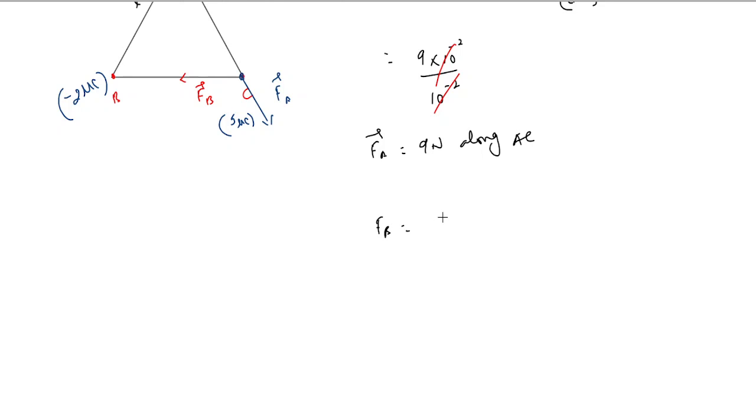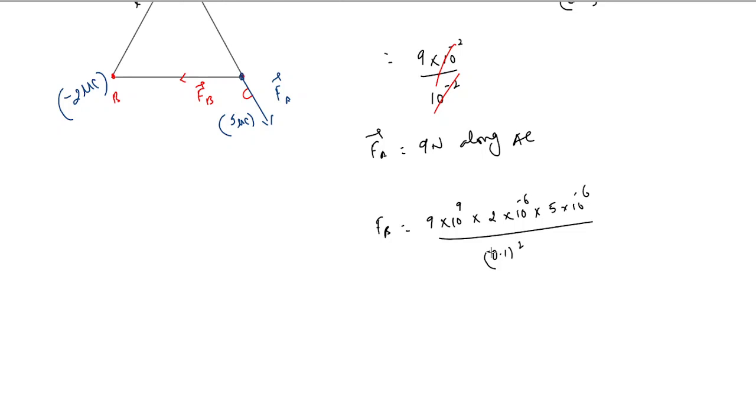We'll find what Fb is now. Fb is equal to, we'll do directly, 9 into 10 power 9 into 2 into 10 power minus 6 into 5 into 10 power minus 6 by distance square, which is same as 0.1 whole square.